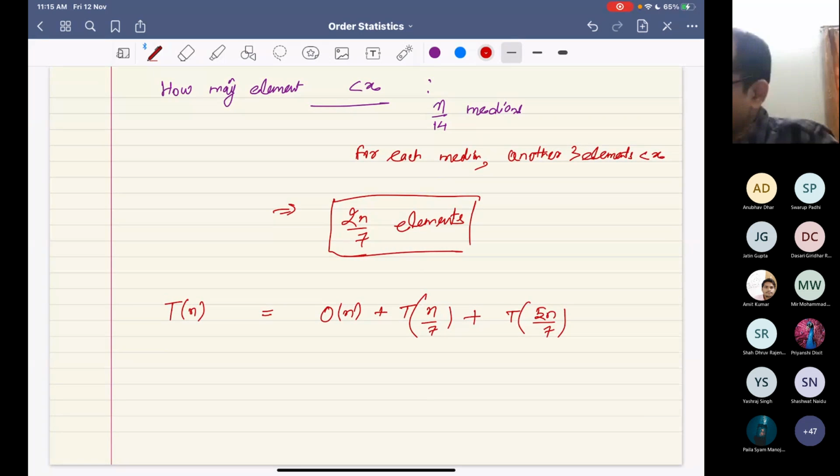And these two together are still less than n. This is 6n by 7. So if you solve this, you get T(n) is O(n) again.